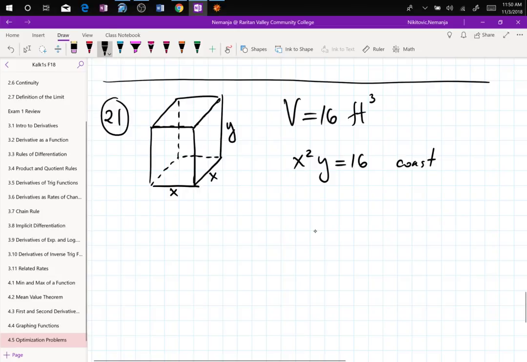And then what else do we have? Material used to make the base costs twice as much per square foot as the material in the sides. So now this is going to turn into a cost problem. The money, right, which is important for a company, because you can't just put whatever box you want out there.